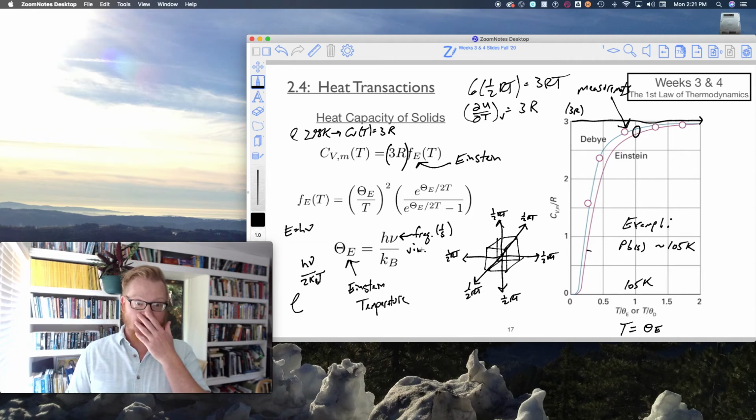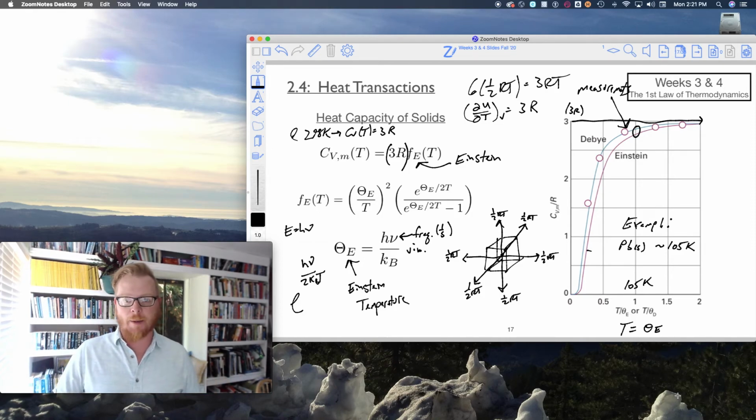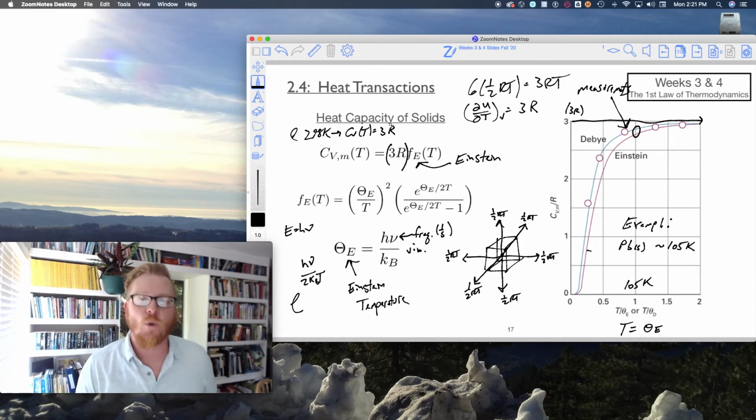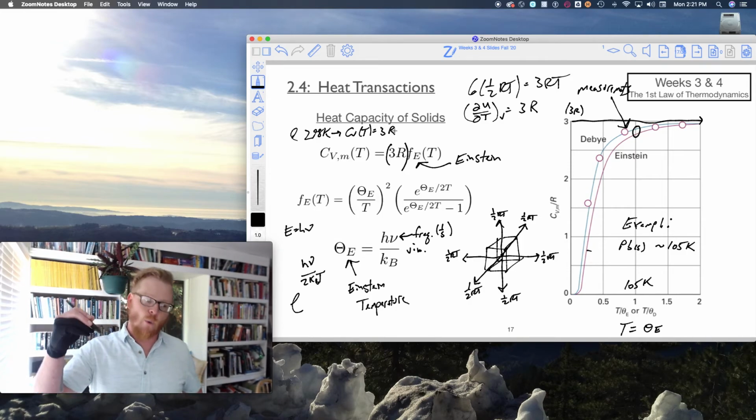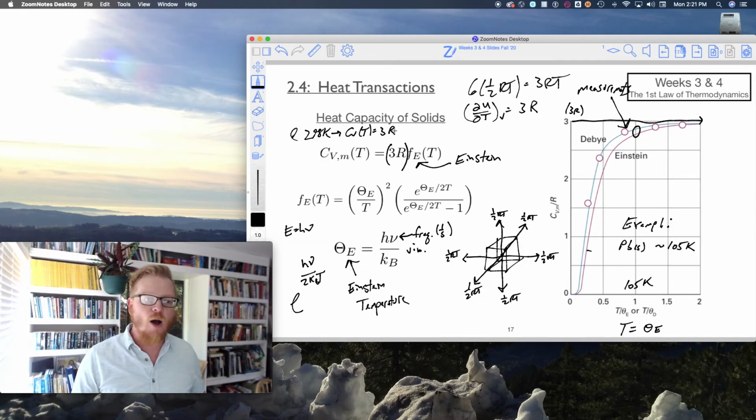In other words, above the Einstein temperature, there's sufficient population of states that all of those vibrations can be accessed and populated. Thus our heat capacity will exhibit its bulk characteristic heat capacity, which is 3R for all solids. You might be thinking, how is the heat capacity 3R for all solids?